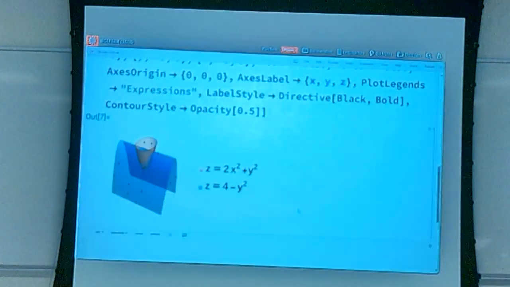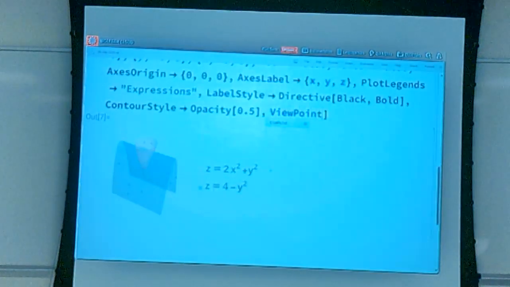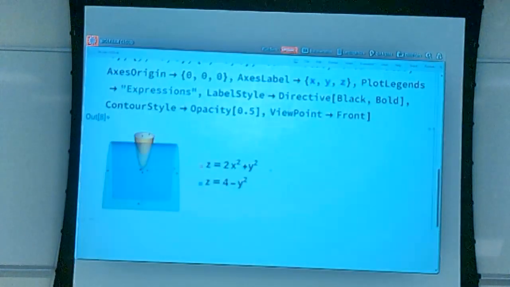And instead of rotating it, I can also do this. Pick a point to view it from. So Mathematica is weird. It should be from the front, right? They'll be looking down from the x-axis. Except, look how it does it. It does it along the y-axis.